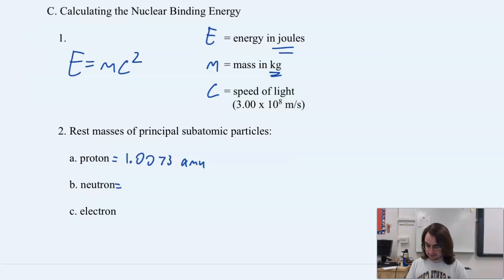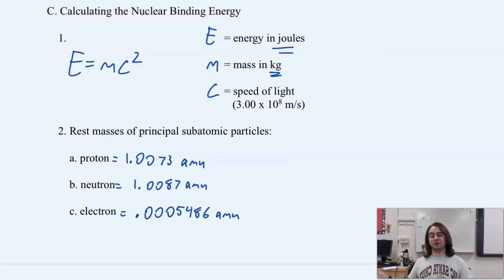And a neutron isn't just 1, it's 1.0087 AMU. We've talked about in the past how a neutron's slightly more massive than a proton. Well, it is, in the thousandth place. Electrons are small, and they are 0.005486 AMU. And yes, you need to go out to this level of precision, so keep that in mind.